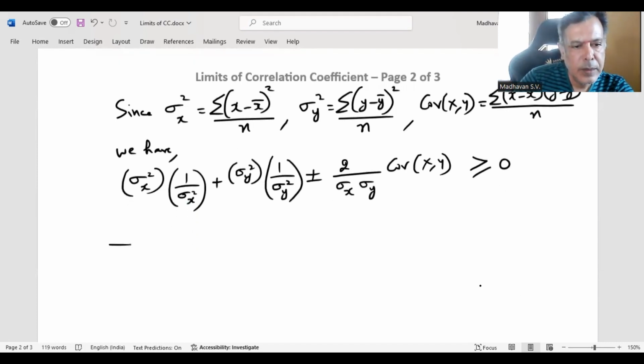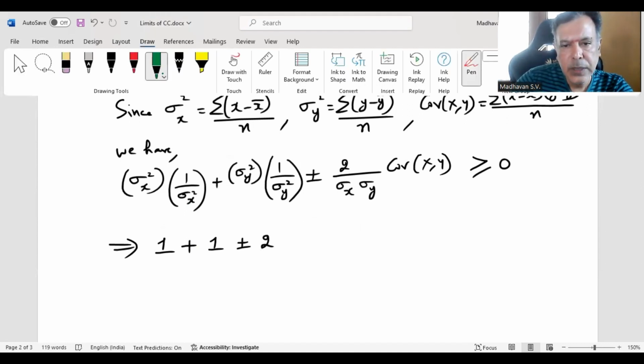Now, this implies that sigma x square into 1 by sigma x square becomes 1, sigma y square into 1 by sigma y square becomes 1, plus or minus 2 times this term.